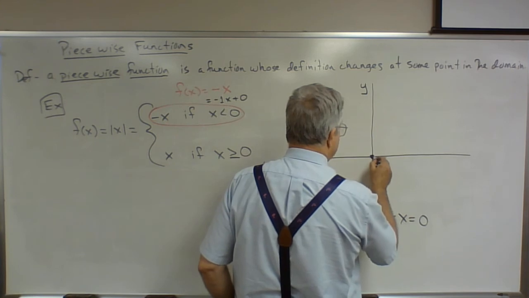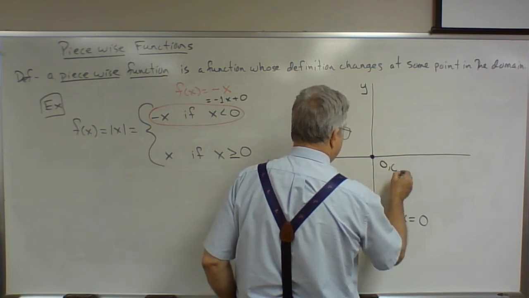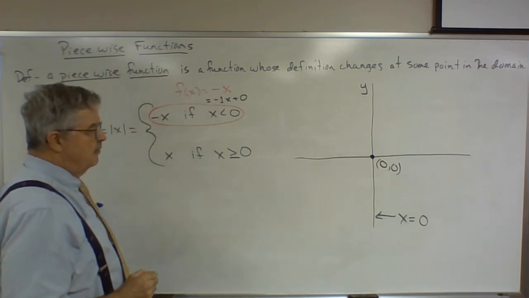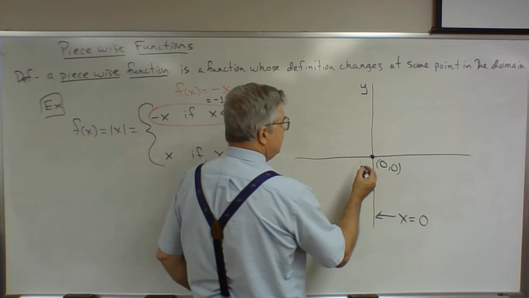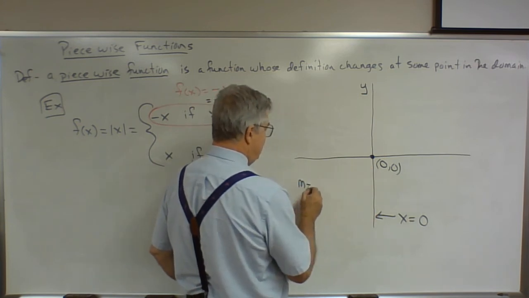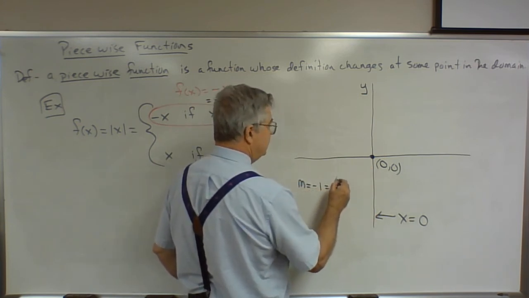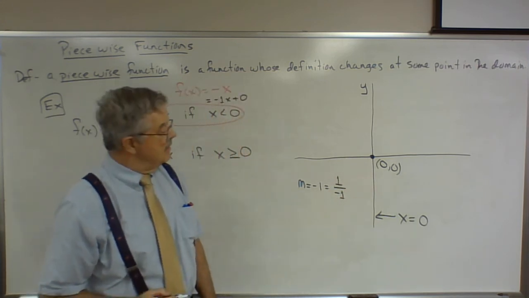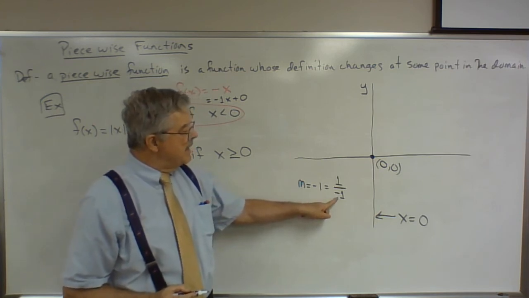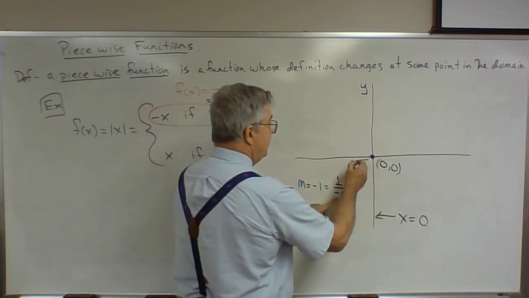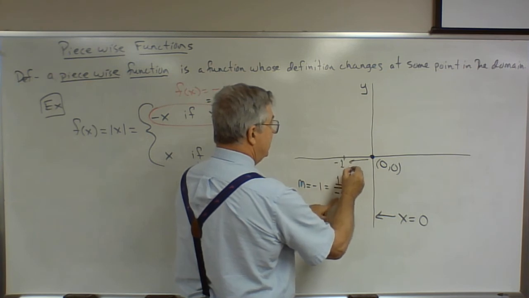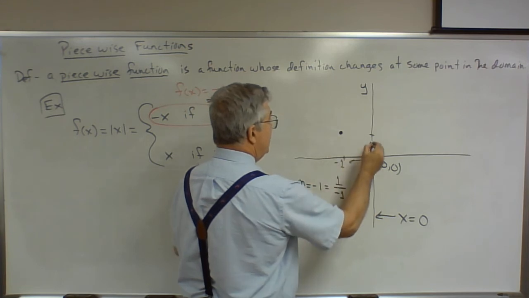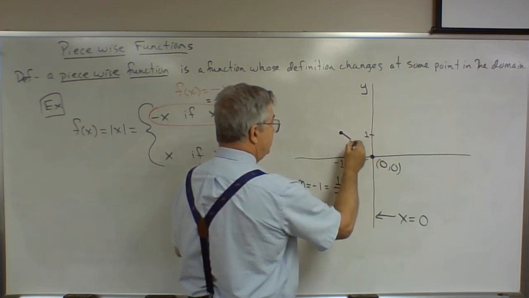So we have a y-intercept at 0, and the slope is negative 1. So let's see, m is negative 1, and that's the same as 1 divided by negative 1. So I can say if I go negative 1 units in the x direction and positive 1 units in the y direction, I'll get another point on the line.